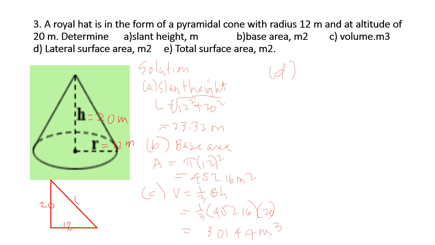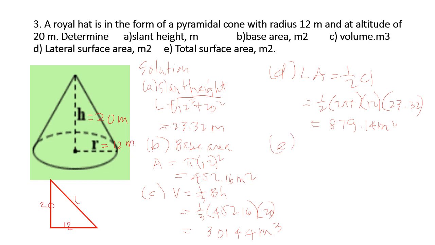Letter D, lateral area LA equals 1/2 CL equals 1/2 times 2 pi times 12 times 23.32, equivalent to 879.14 meters squared.